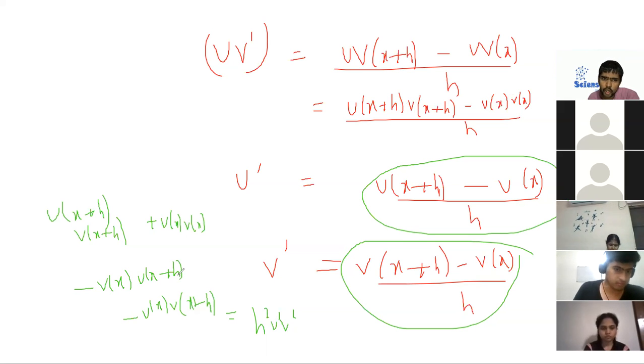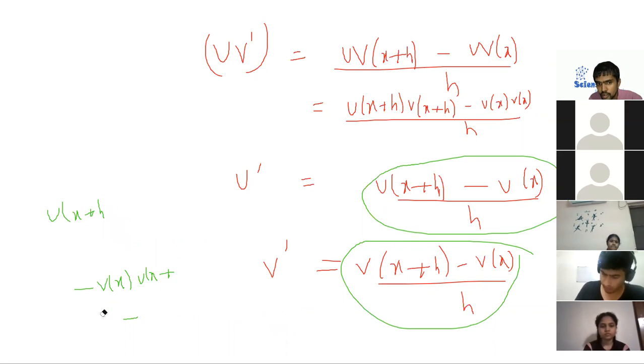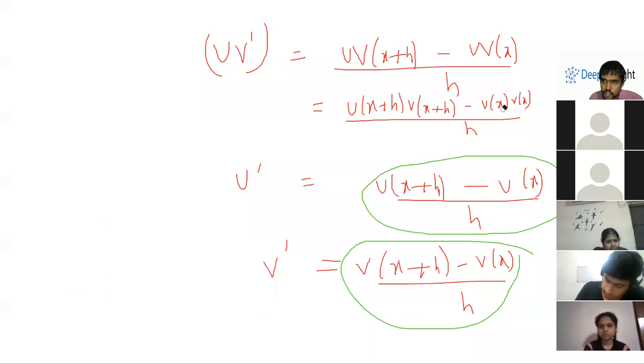Now because h is almost 0, or can I do it a little differently? I need u of x plus h into, because this multiplication is not helping me much, so I'll think of it differently. I want u of x plus h into v of x plus h minus u of x, v of x, right? I can say u of x plus h is h into u dash plus u of x, right?